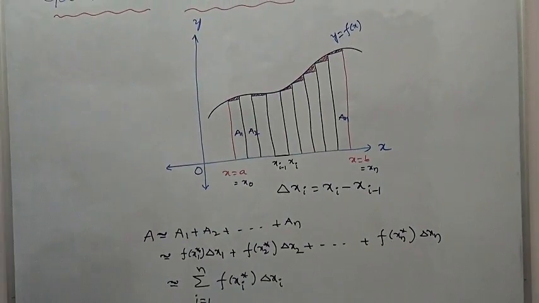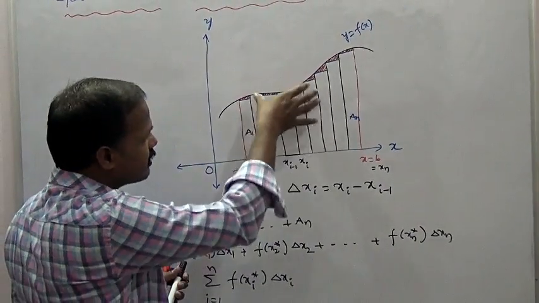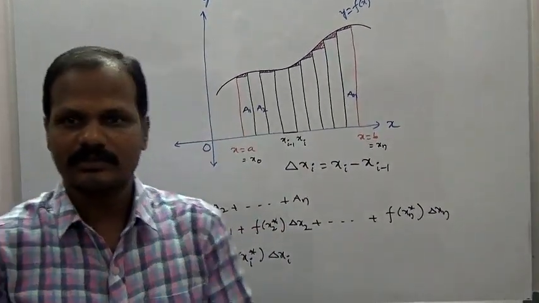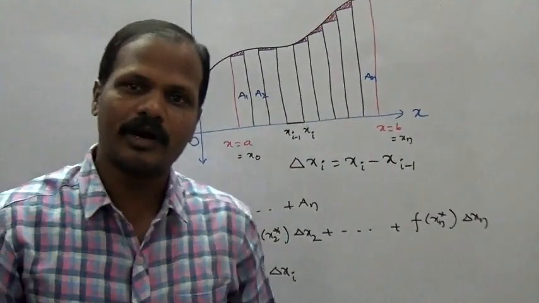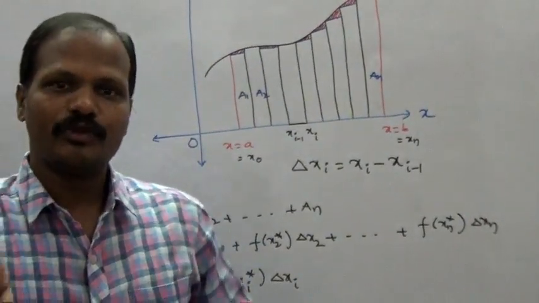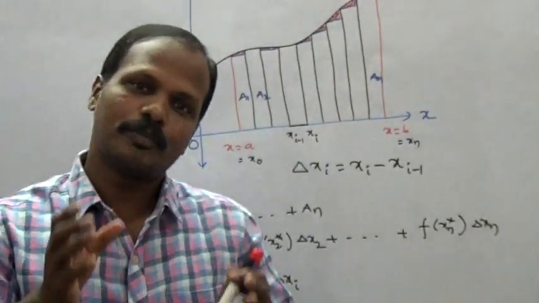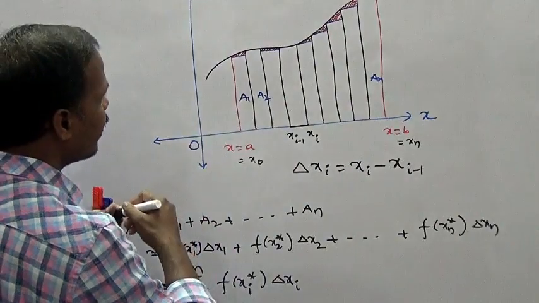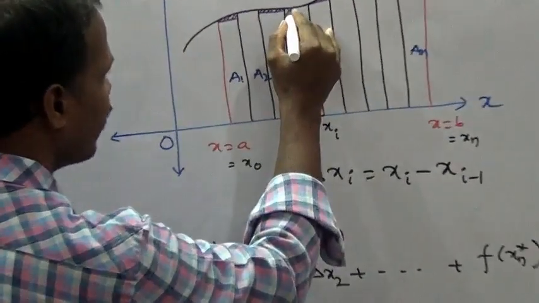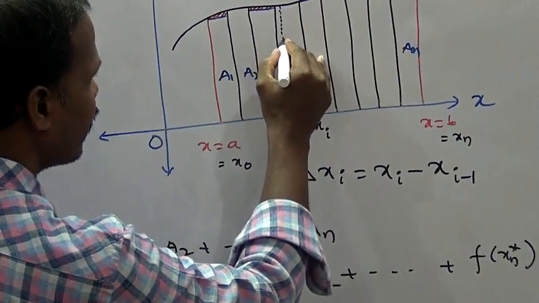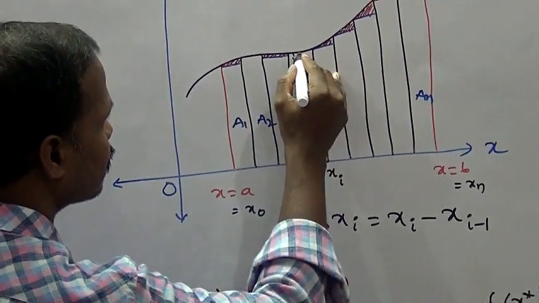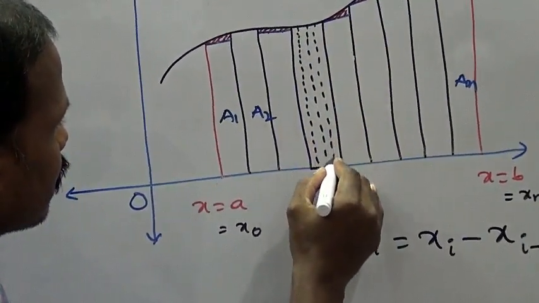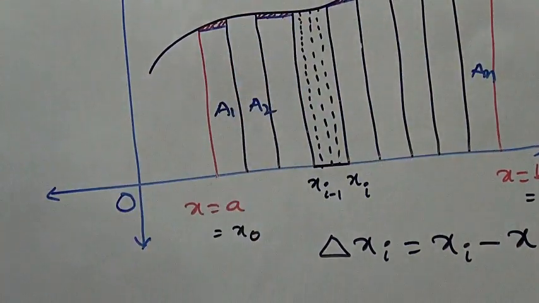Fine. Now, if you divide into very small rectangles, suppose from 1 to 10, if you make 10 parts, the length is 1. If you make 20 parts, the length is 0.5. If you make 100 parts, the length is 0.1. So these lengths become very small. If you divide into more, smaller rectangles, then these errors will be excluded.